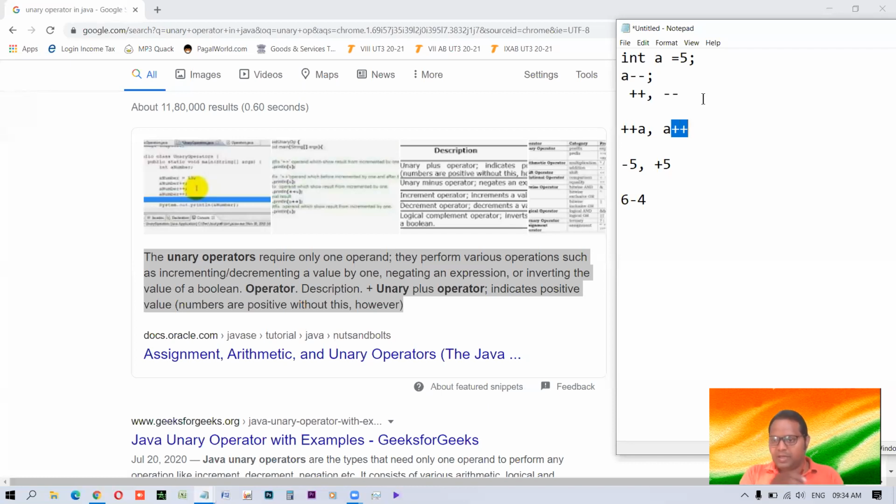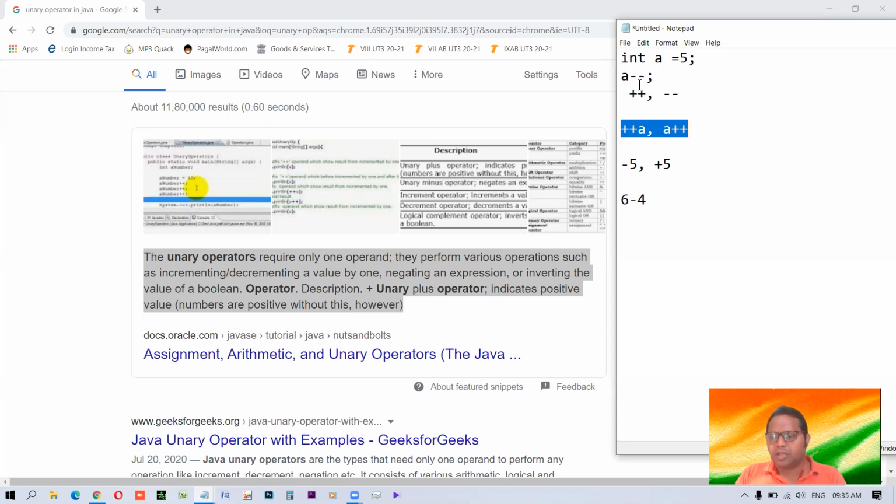We know prepaid, where we pay ahead of the use. I'm just trying to explain to you the meaning of prefix and postfix. If it is posted previously, then it is prefix. If it is posted afterwards, then it is postfix. What is the difference between prefix and postfix? It can be discussed in another session. For right now, if you have been asked the question, what is unary operator? Then this is the answer.